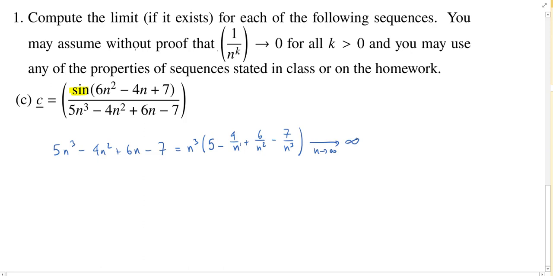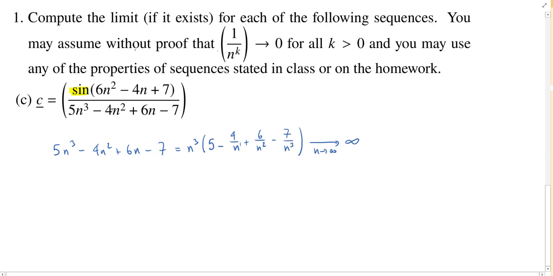So now we can go back here and be sure that, yes, this numerator is oscillating between -1 and 1, but the denominator is getting enormous, which should mean that this entire sequence is getting really, really tiny as n grows large. So our suspicion is that this is actually going to converge to 0.